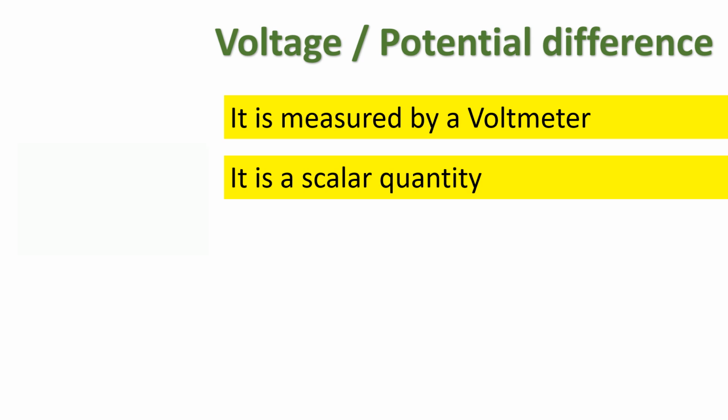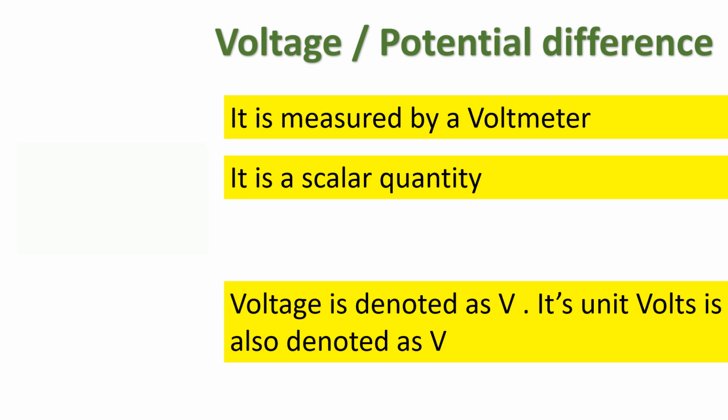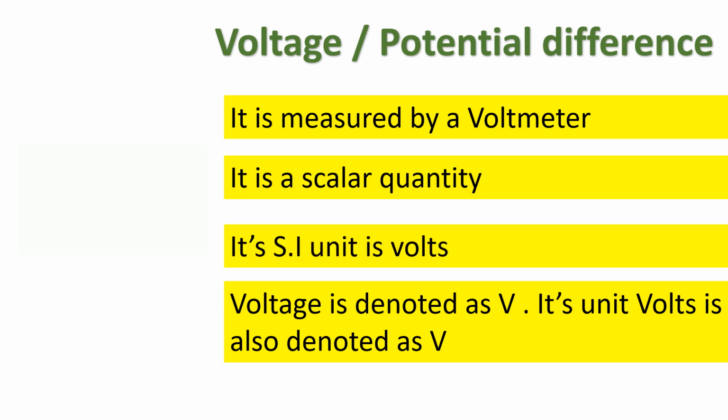This is the basic difference. So voltage comes under the category of scalar quantity. Voltage is denoted by capital V. Its unit volts is also denoted as V. So do not get confused between which V is voltage or potential difference and which V is the unit volts. And what is the SI unit? Of course, it is volts.